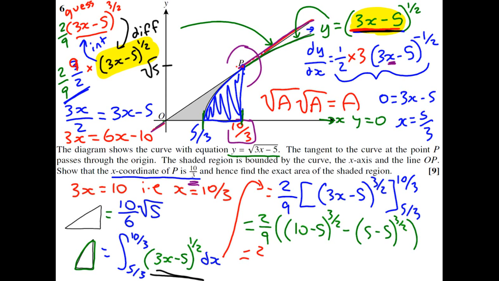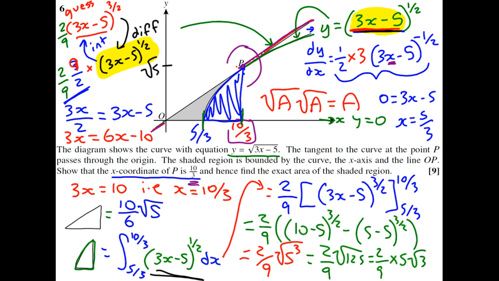So it's going to be 2 over 9 times 5 cubed and the square root of that using Core 1 power laws. Now 5 cubed is 125, so it's going to be 2 over 9 square root 125. Using our surd laws, I'm going to split it up into root 5 and root 25. Root 25 is 5, so 10 over 9 root 5.